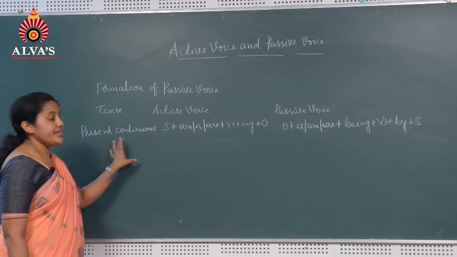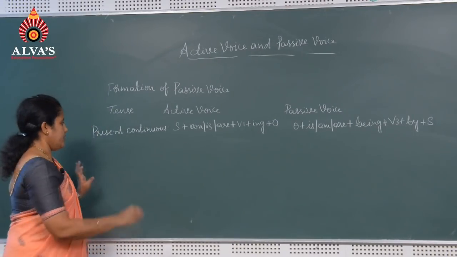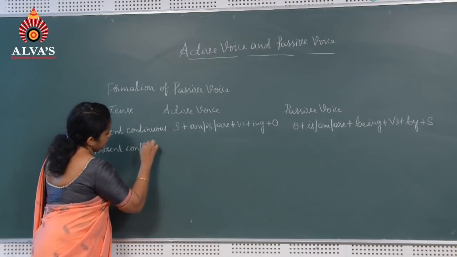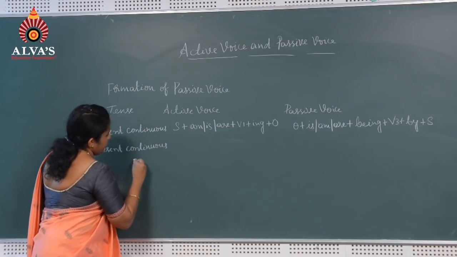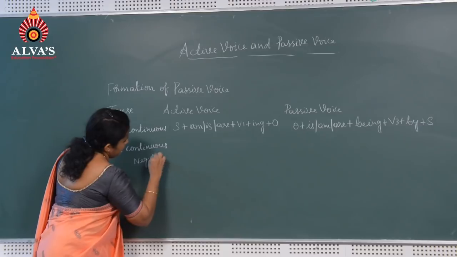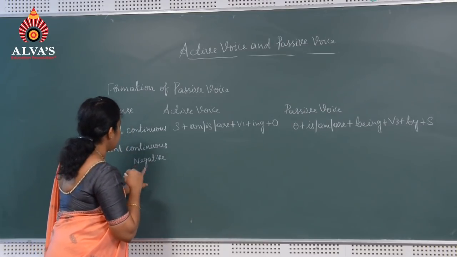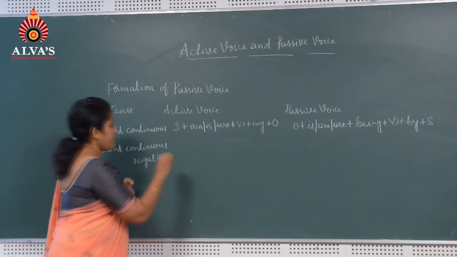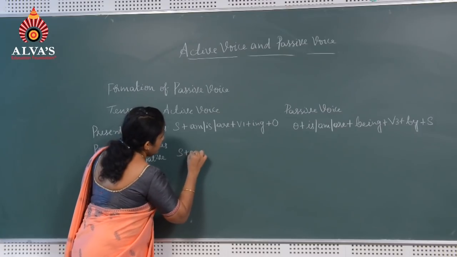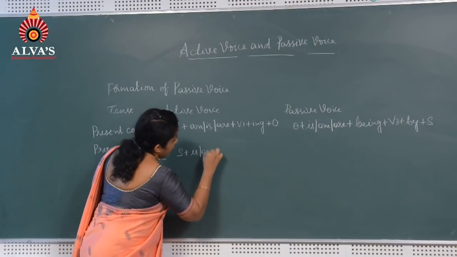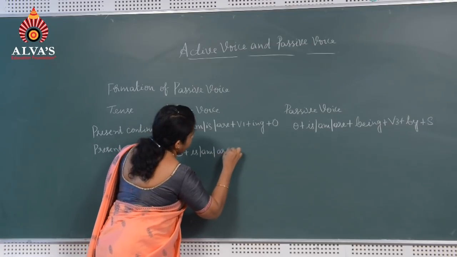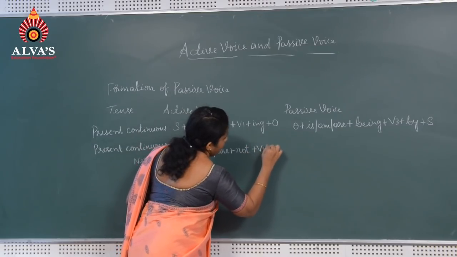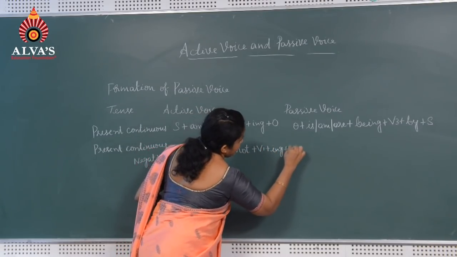Now, let us see present continuous negative sentence. See, here the formula is subject plus is or am, are plus not plus V1 plus ing plus object.